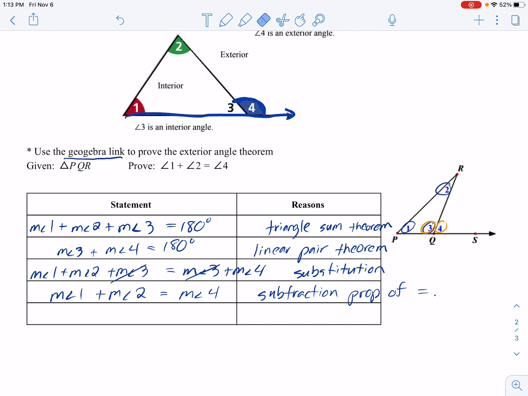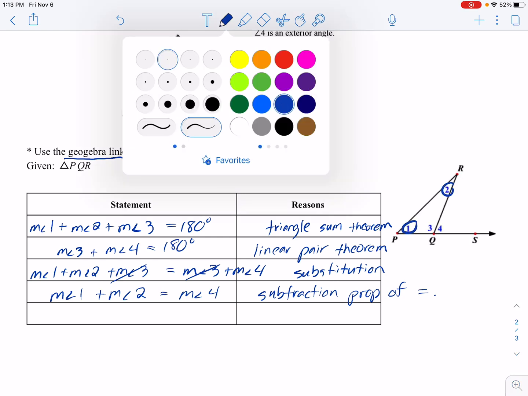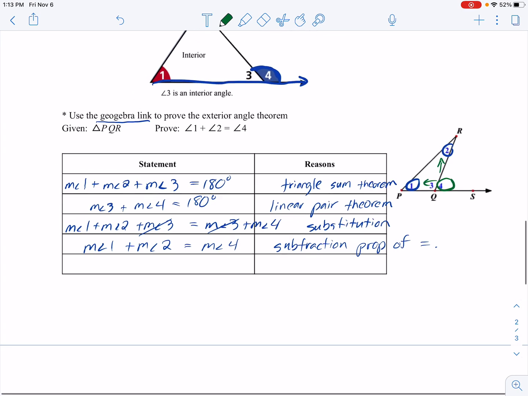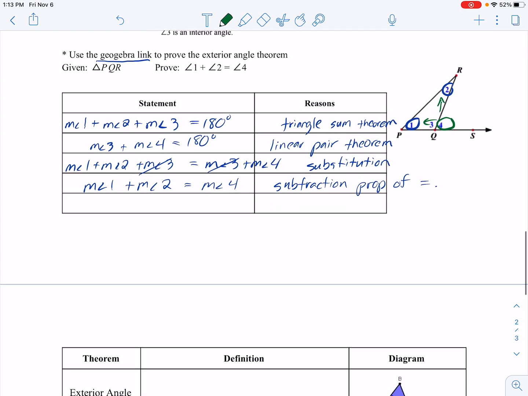I'm going to erase these circles on here. Where 1 and 2 are located, and then where angle 4 is located. 1 and 2 are inside, 4 is outside. So this angle in the exterior will always equal the sum of the two non-adjacent interior angles. That's our exterior angle theorem that we're going to define on this next page.